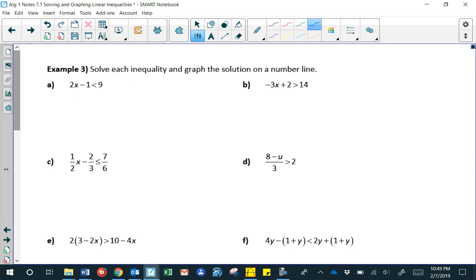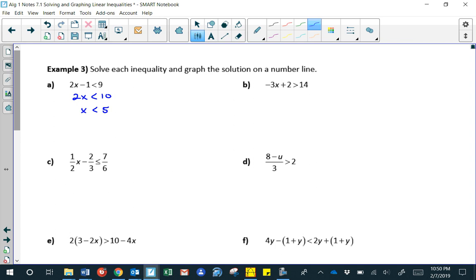Okay, in example 3, we are solving each inequality. So in 3a, we'll add 1 to both sides of the inequality to get 2x is less than 10, and then we'll divide both sides by 2 to get x is less than 5.